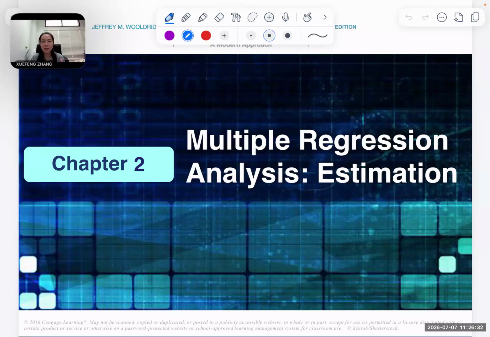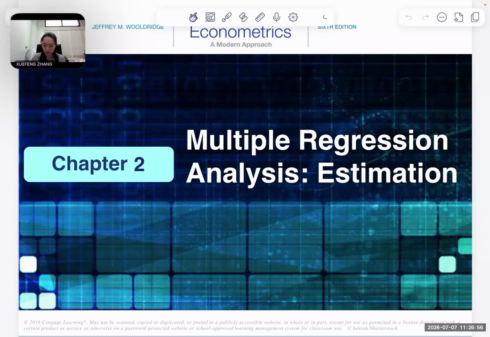That means one Y always has many X to explain. That's exactly the problem with simple regression. If we leave out other important factors, our estimate of the effect we care about can be wrong, which means biased. So today we move to multiple regression.